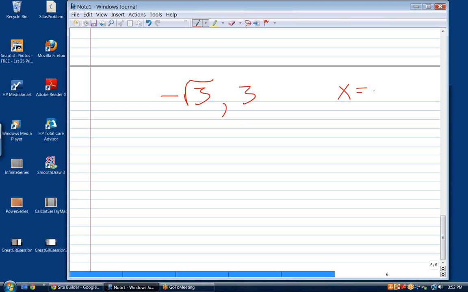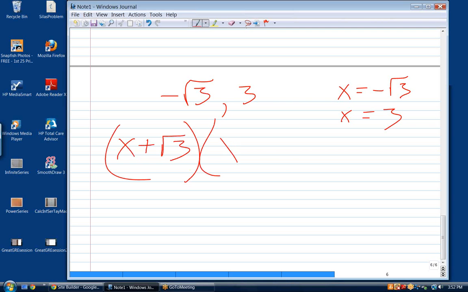So x equals negative root 3 and x equals 3. So what are my two linear factors? x plus root 3 and x minus 3. And multiply those together. What do we got?